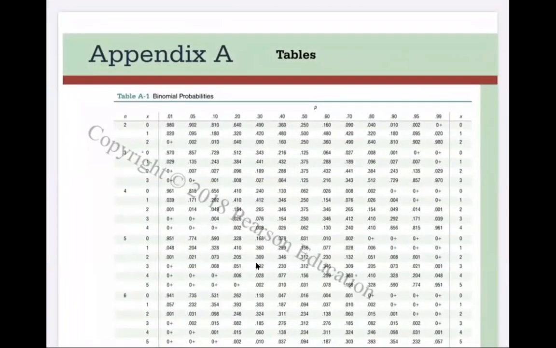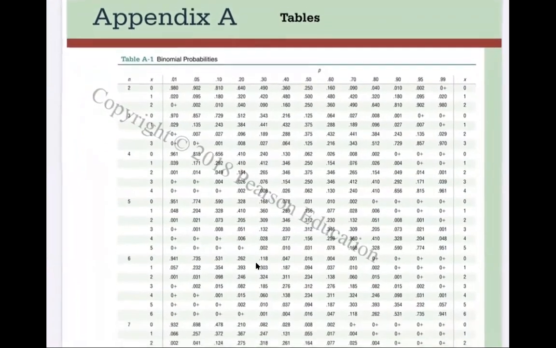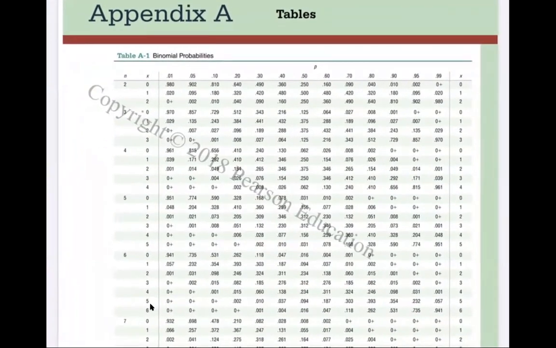The first one, n is 6, x is 0, p is 0.4. Here, this is the value. Then next value is n is 6, p is the same, x is 1. That will be this one. The next value will be n is 6, p is 0.4, and x will be 2. So it will be this.